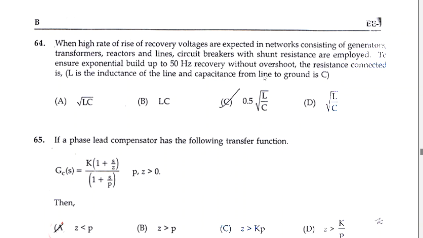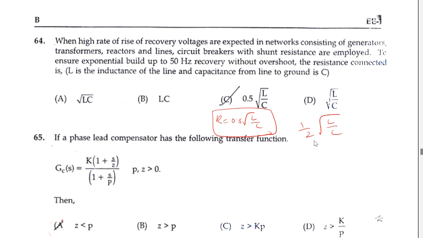That means in order to avoid the restriking of the arc, what resistance should you connect? The value is R equal to 0.5 times square root of L by C. Based on this formula, a lot of questions have been asked in previous examinations. So R equals 0.5, or sometimes they write it as 1 by 2 square root of L by C. Okay, next question.